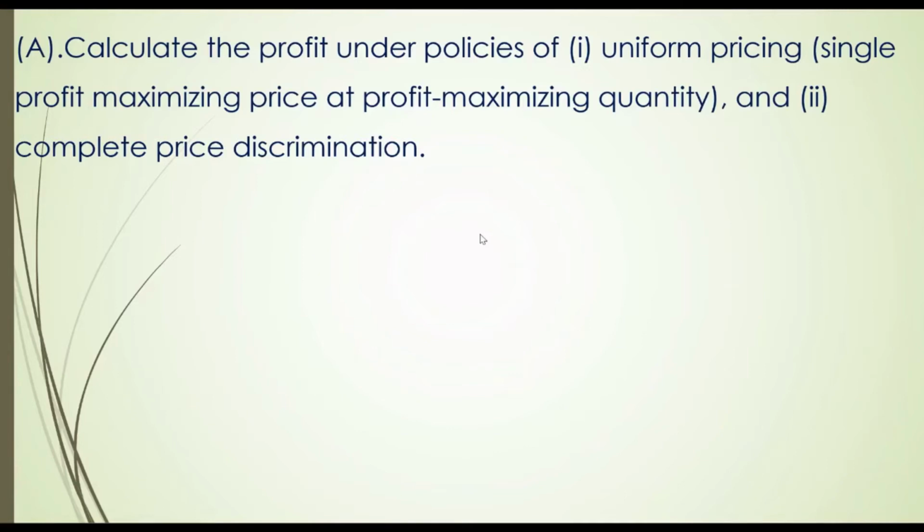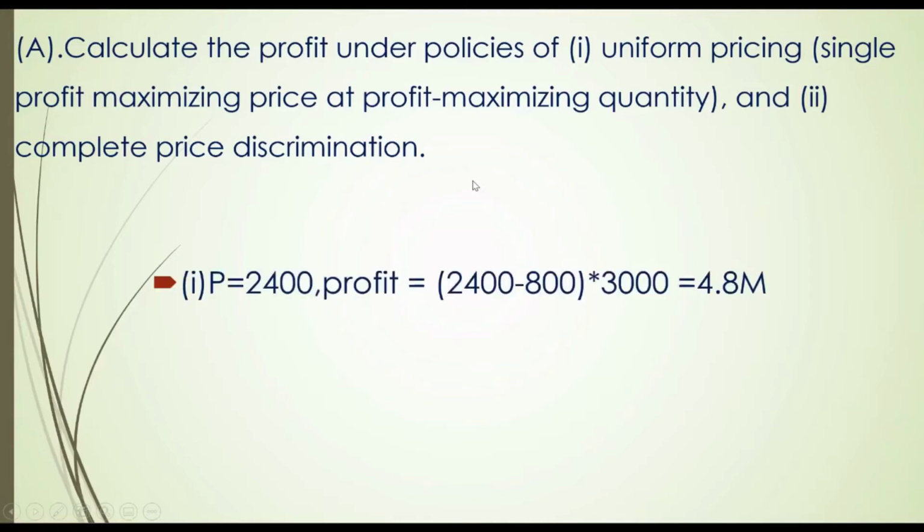At that quantity, the price on the demand curve must be halfway between 800 and 4,000. Hence, the price equals 2,400 and profit equals 2,400 minus 800 times 3,000, which equals 4.8 million dirhams a week.